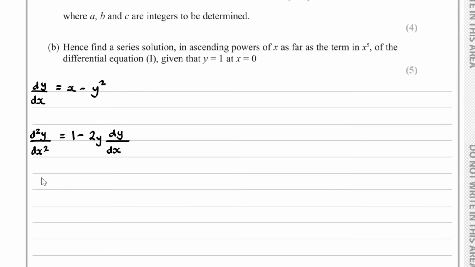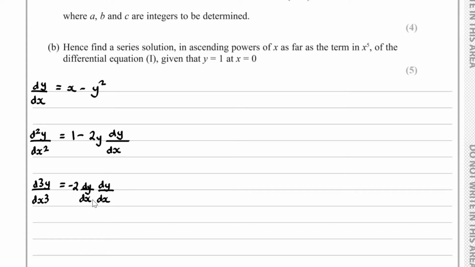Next, our third derivative, d cubed y over dx cubed. Well, differentiating the 1 we get 0, and then we would have to now differentiate minus 2y times dy over dx, and for this we'd have to use the product rule. So we have v times u dash, so we have v, which is dy over dx, multiplied by u dash. Well, if I differentiate minus 2y, we get minus 2 lots of dy over dx.